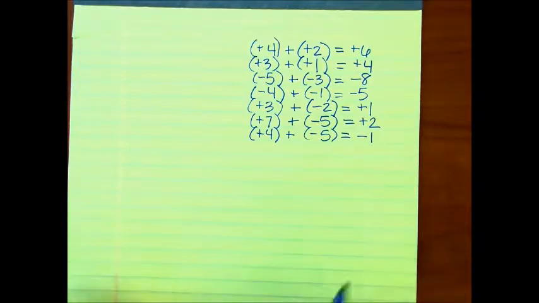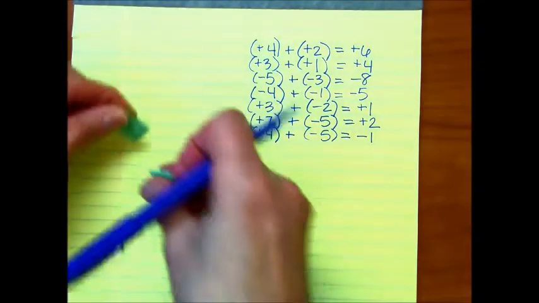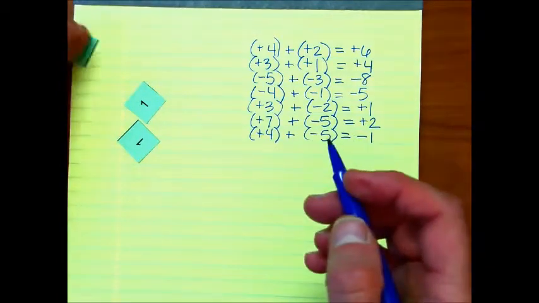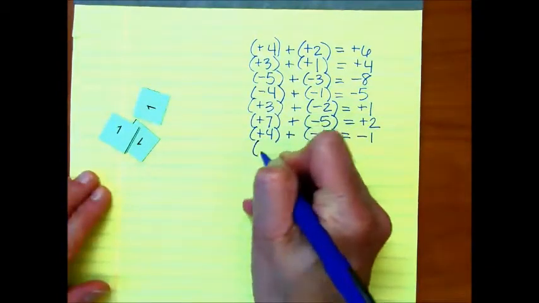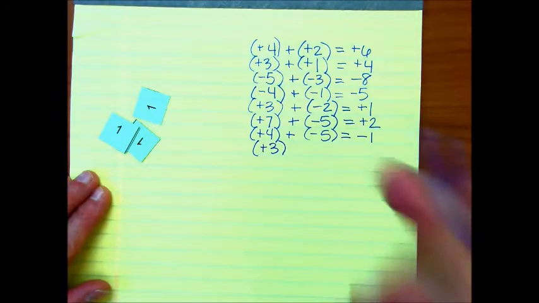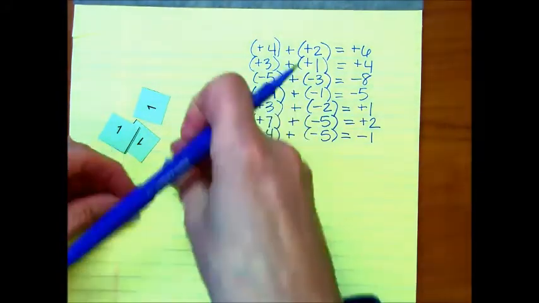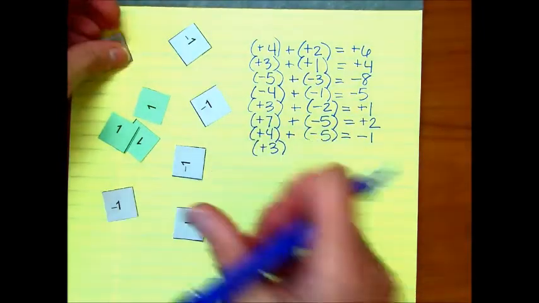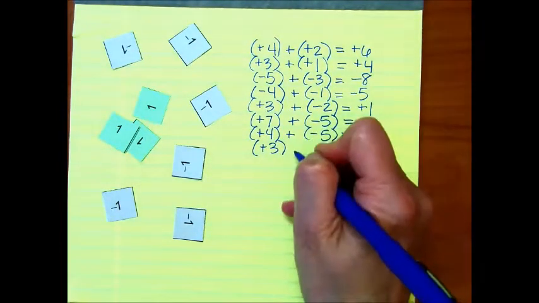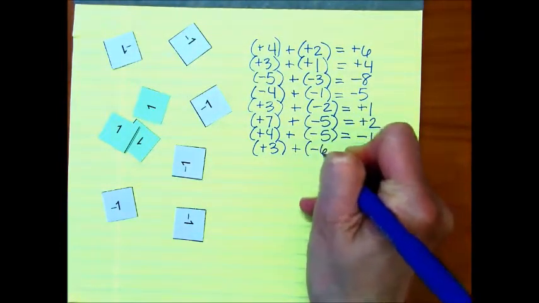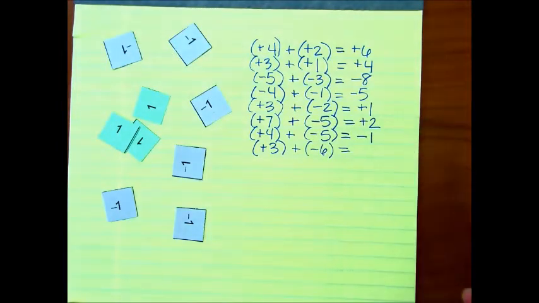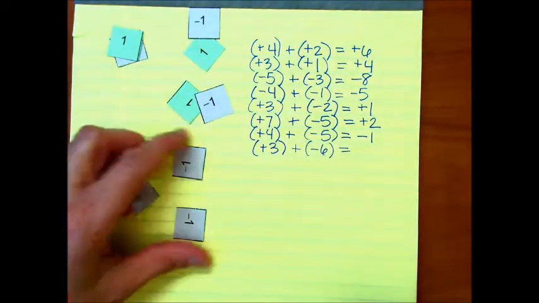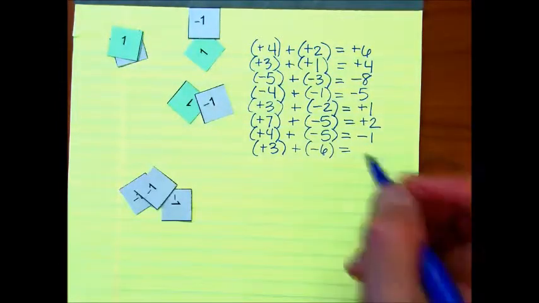One more problem. Let's say we have 3 positives and 6 negatives. Looks like I have 3 negatives left.